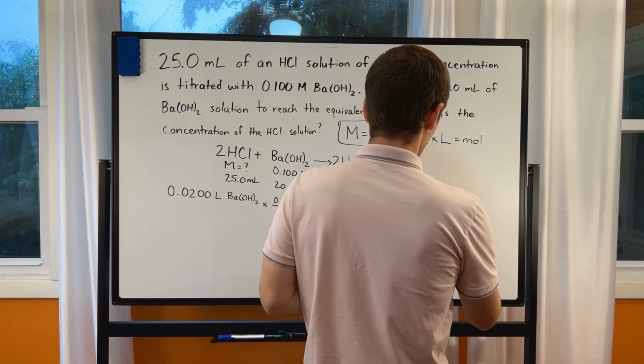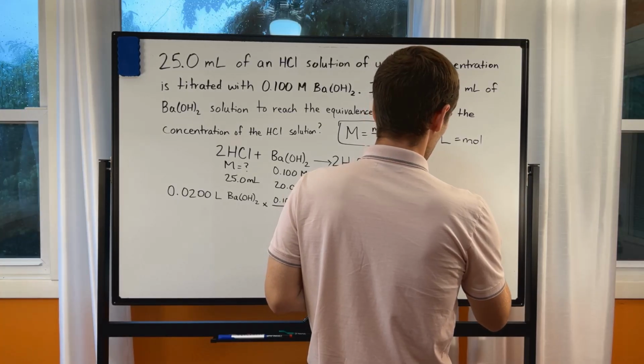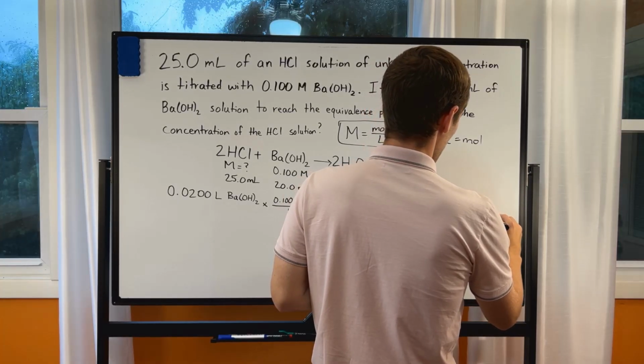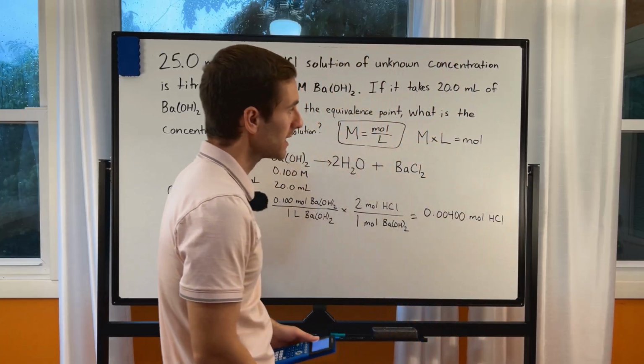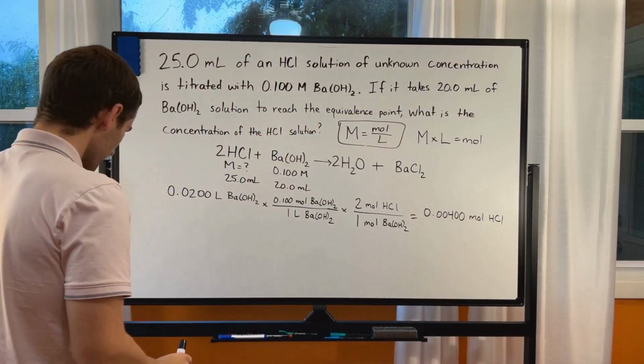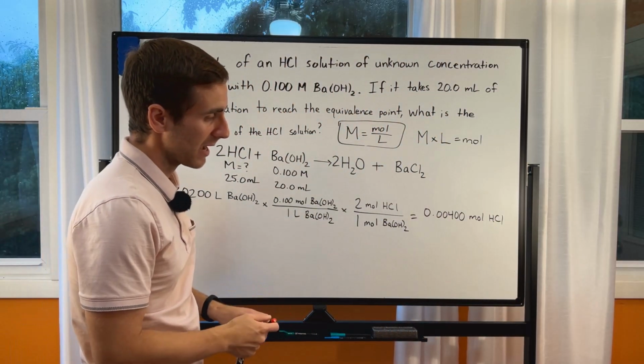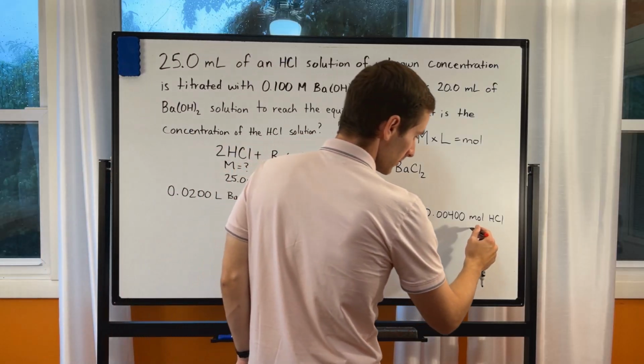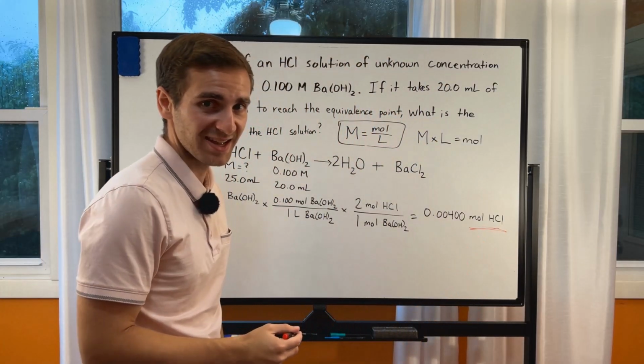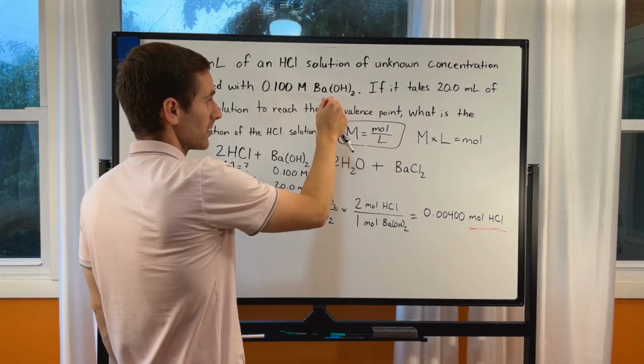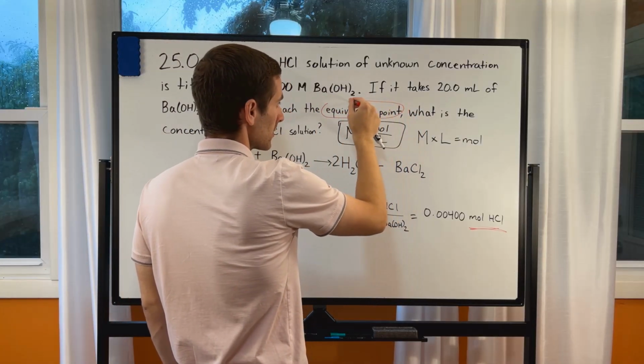So that's 0.004 moles of HCl. And keep in mind that this only tells us the amount of HCl that was in the flask because we're at the equivalence point.